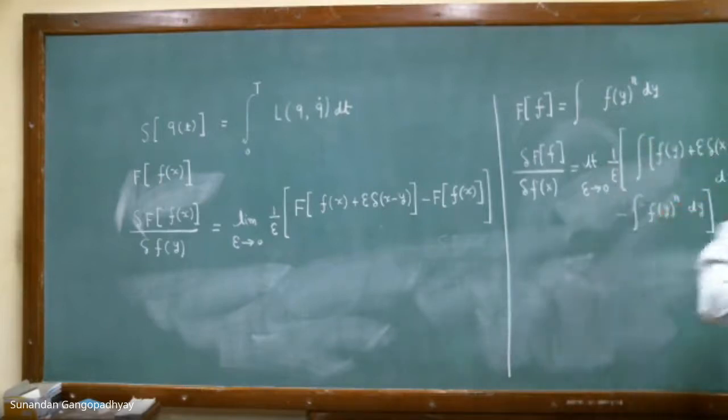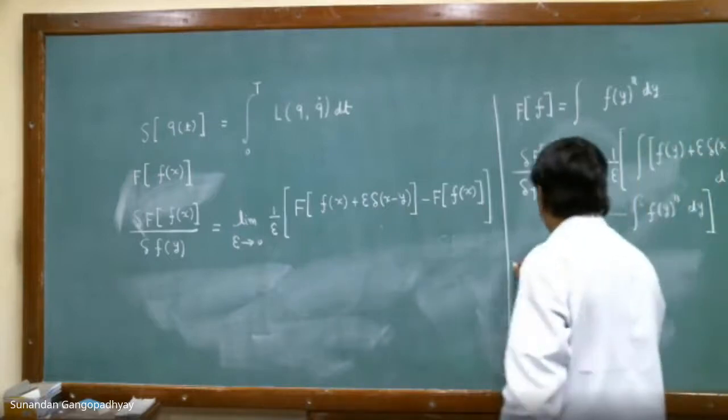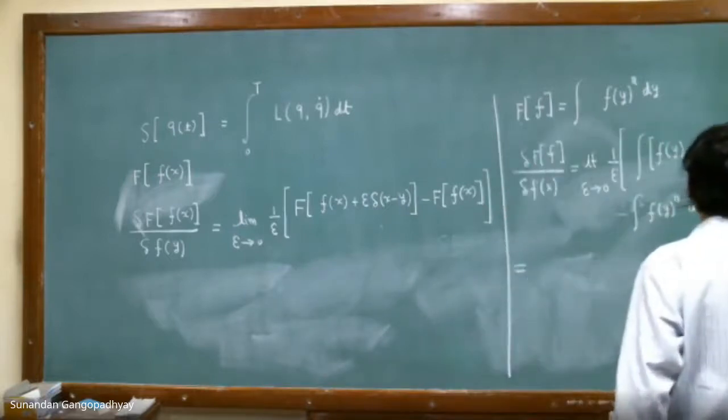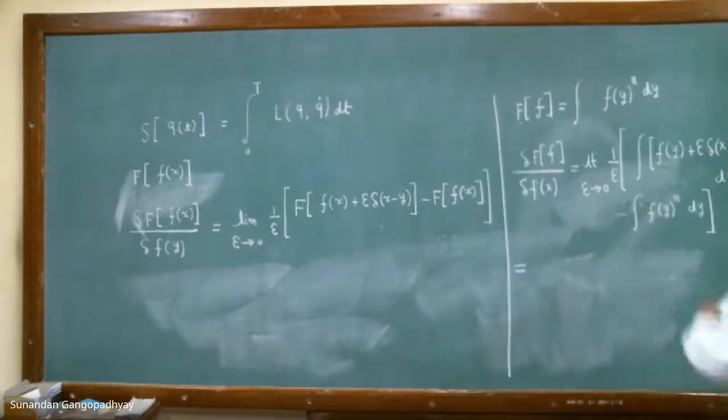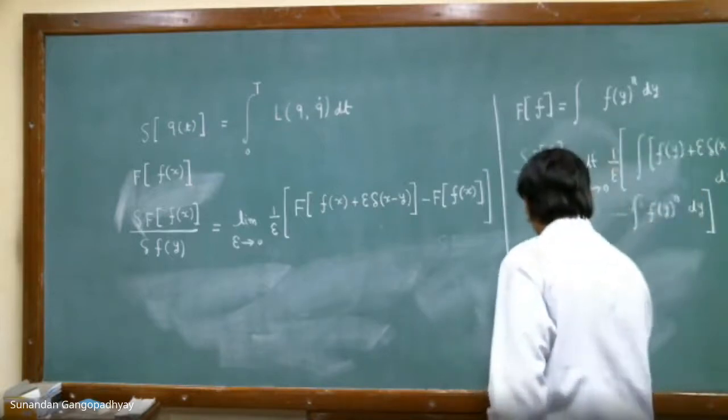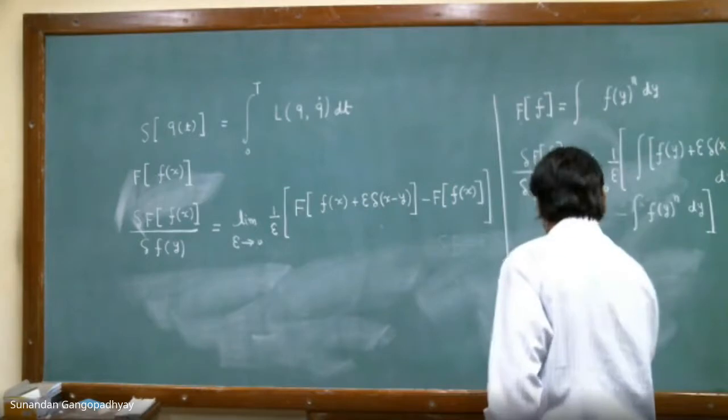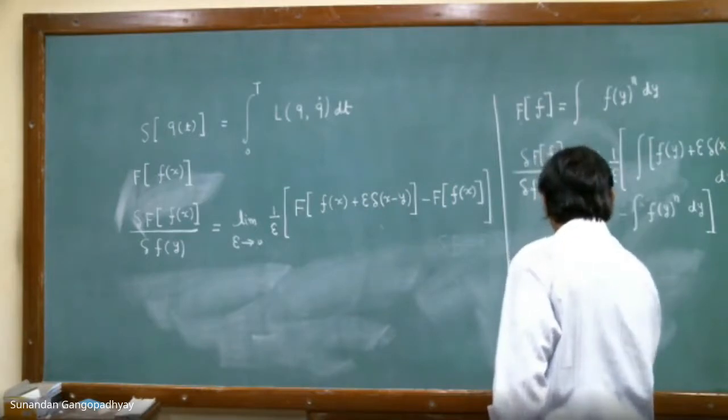So this step is just the definition that we have applied here. First step, and this is equal to, this is (a plus b) whole to the power of n. So you just need to apply the binomial theorem.